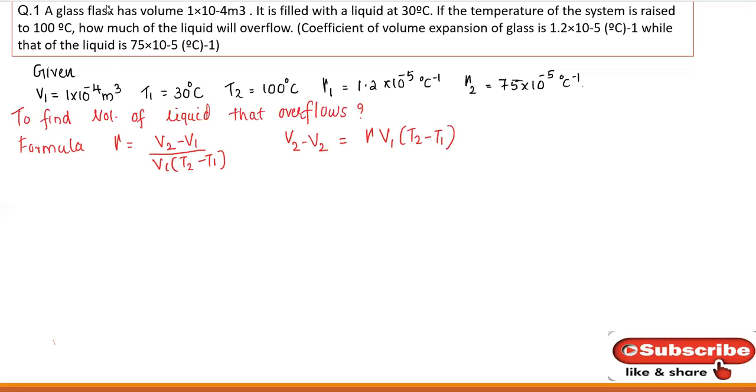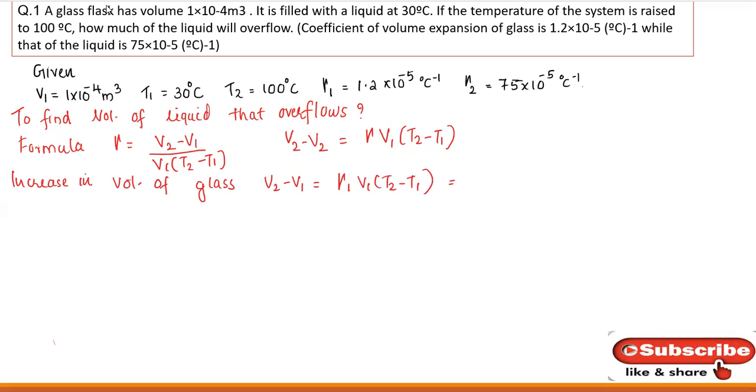First, we will find the increase in volume of glass. That is V2 minus V1 equals gamma 1 V1 (T2 minus T1), because gamma 1 is the coefficient of volume expansion of glass.